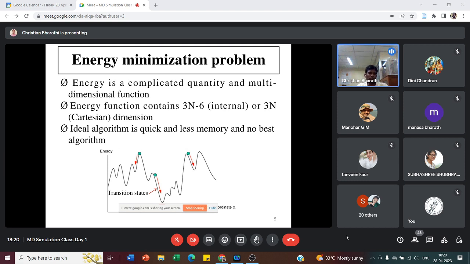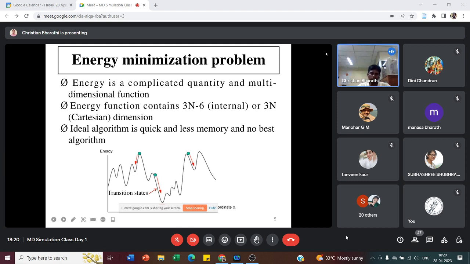So there are methods to bring the molecule to the global energy minimum. It is challenging. We don't know what the energy of our structure is.